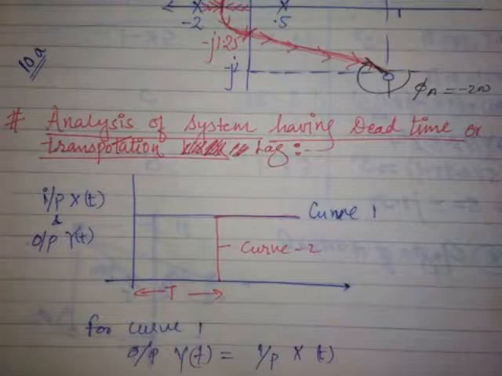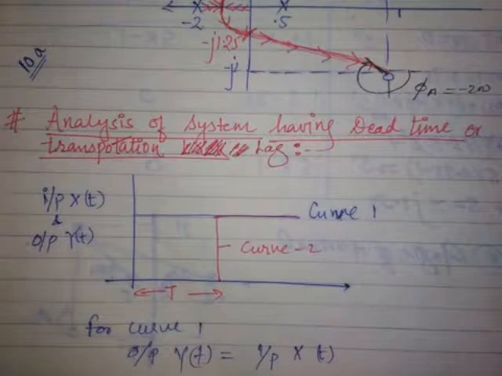Now for curve 2, we write the output equation as y of t is equal to x of t minus t naught. When dead time is present in a system, how is it shown in a transfer function?